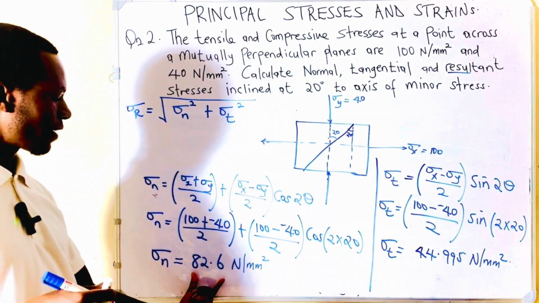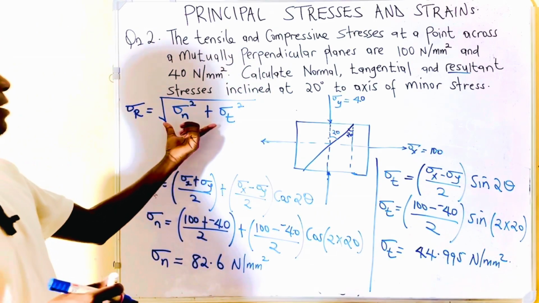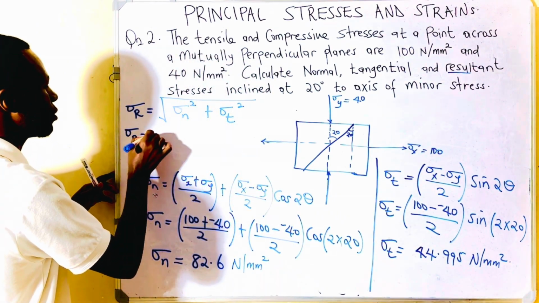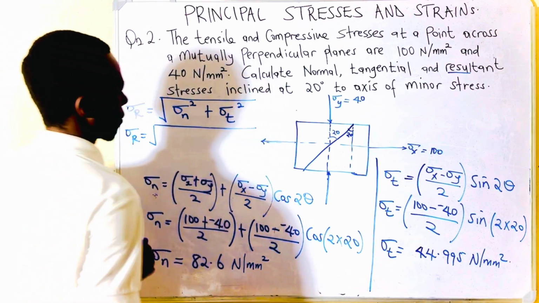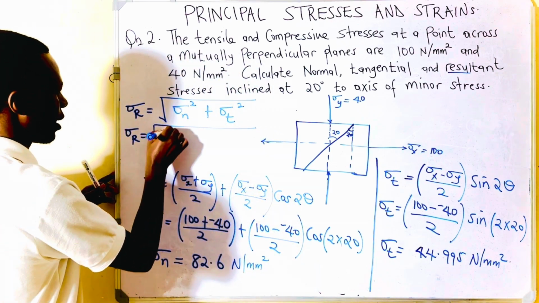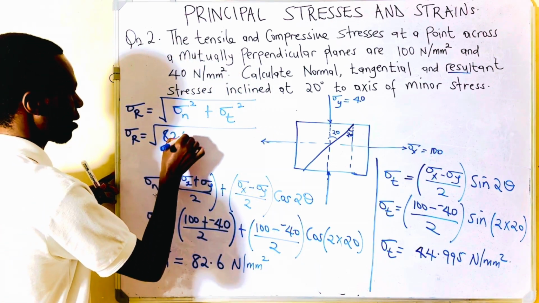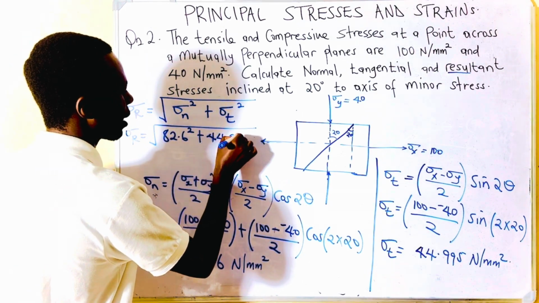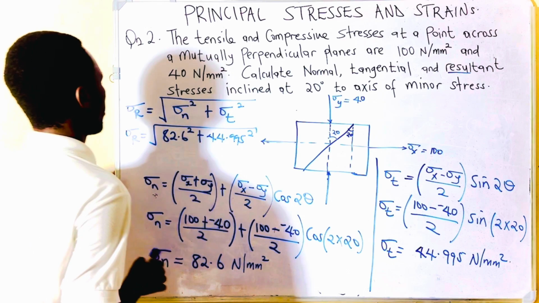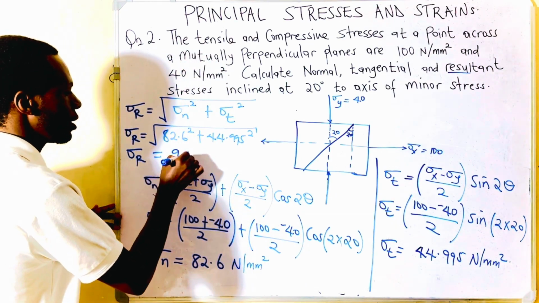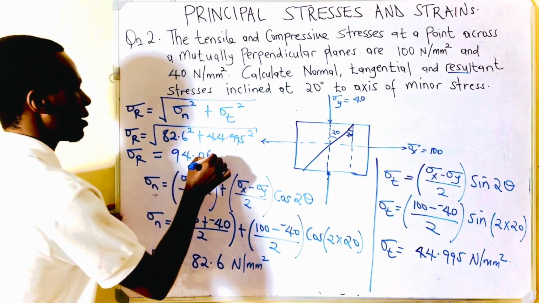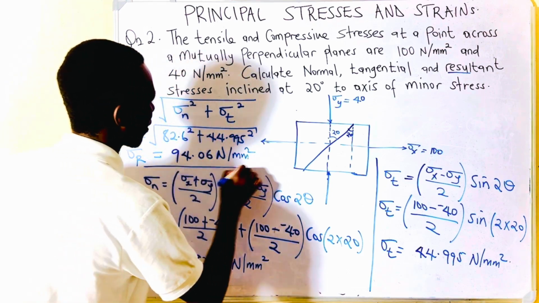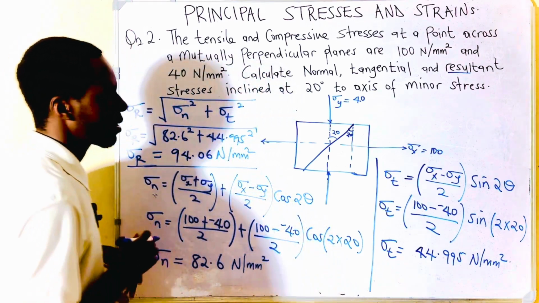You must first have sigma n and sigma t, then substitute here. So sigma resultant is the root of 82.6 squared plus 44.995 squared. The answer is 94.06 Newton per millimeter square. This is the final answer.